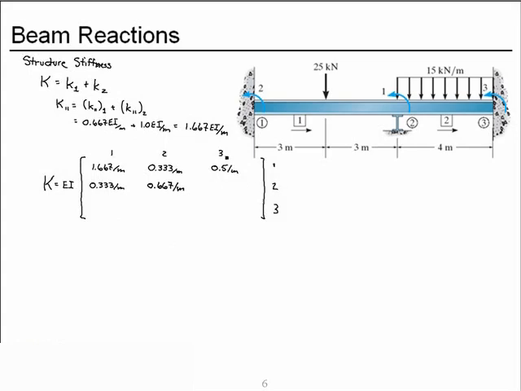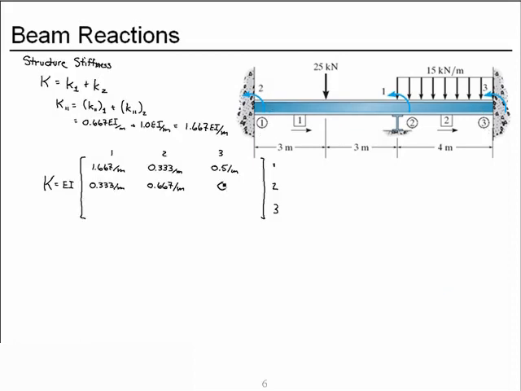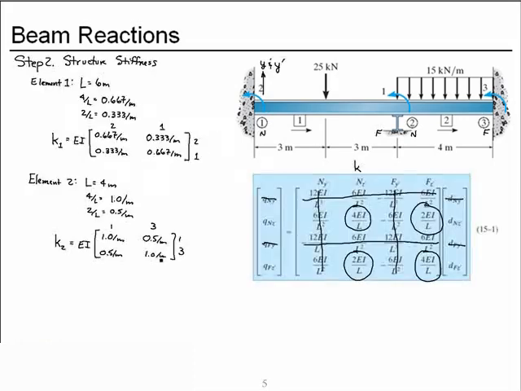Row 2, column 3 cannot be found for this structure because degrees of freedom 2 and 3 are not connected by a single element. Row 3, column 1, we find from element 2.